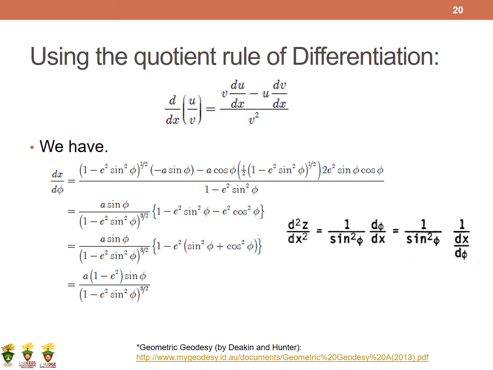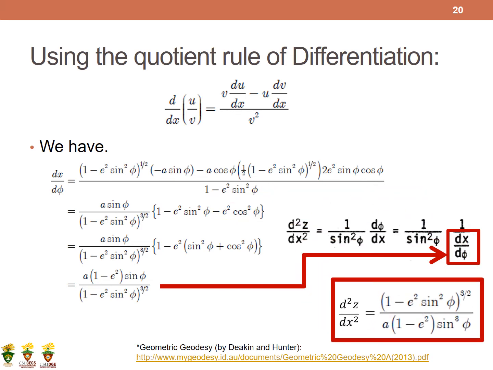Let's go back to the equation we derived earlier: d squared z over dx squared is equal to 1 over sine squared theta, d theta over dx, which is just equal to 1 over sine squared theta times 1 over dx over d theta. We're going to substitute the value we derived from the x coordinate of the geodetic latitude as dx over d theta.